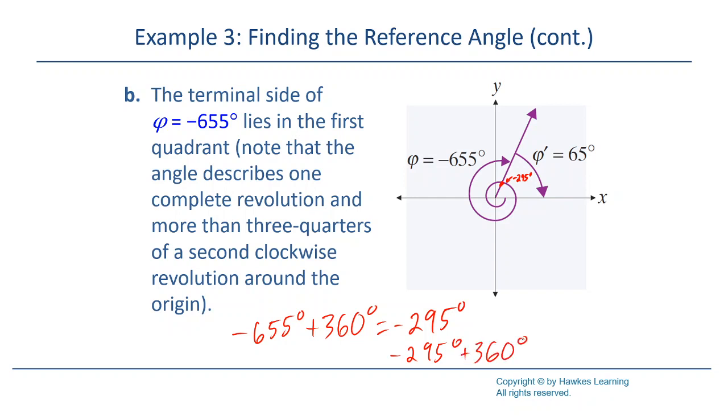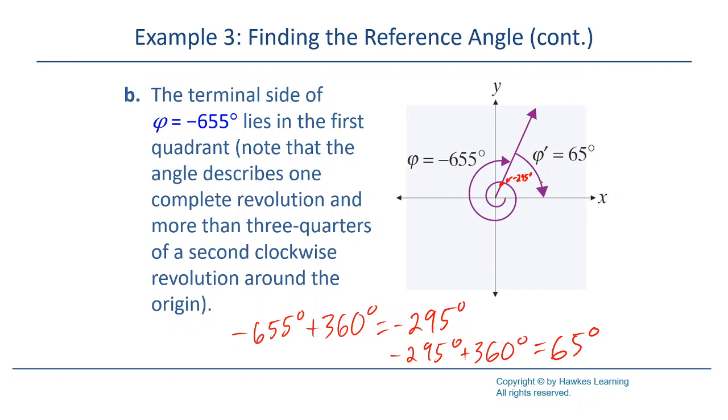So I'm going to add 360 degrees one more time, which does get me the 65 degrees that I'm after. So now I have this reference angle between 0 and 90 degrees.